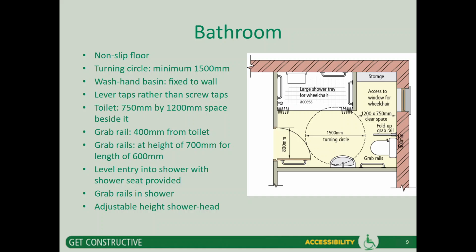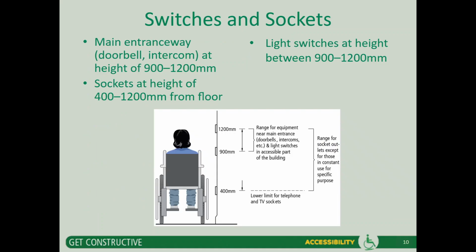This is to help if someone does slip and fall, there's a grab rail for them to grab. Same thing, there's an adjustable height shower head. This is for both those who have to sit and for tall people who may have to increase the height of it.